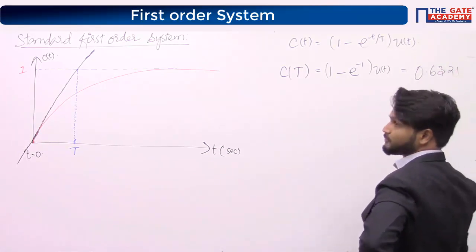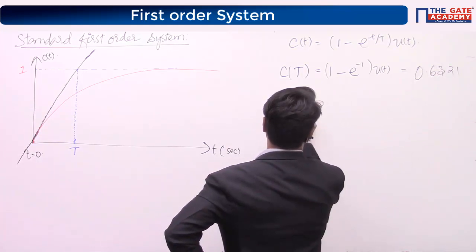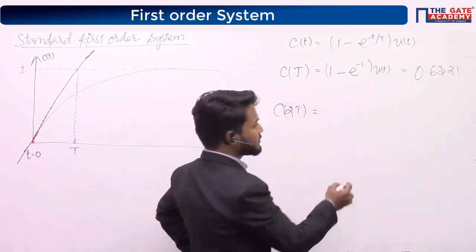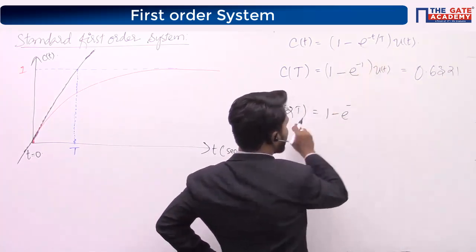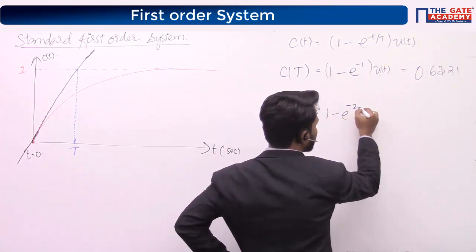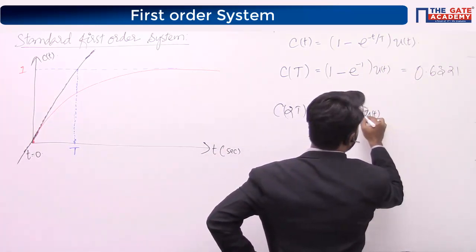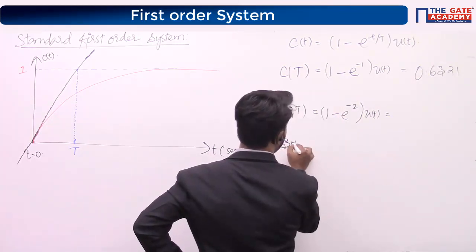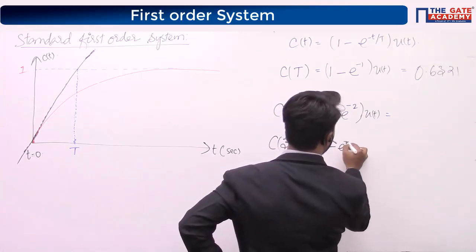0.6321. Very good, right? So C of 2T is 1 minus e power minus 2 capital T divided by capital T, which is 1 minus e power minus 2, into u of t. What is its value? C of 3T is equal to 1 minus e power minus 3.